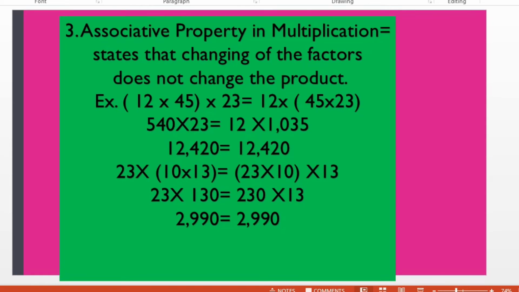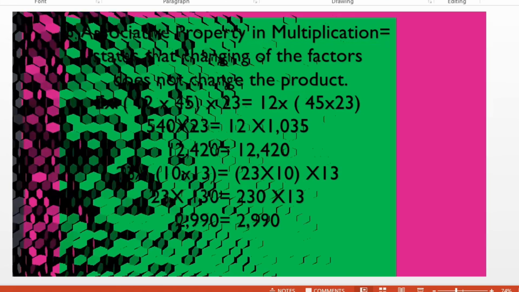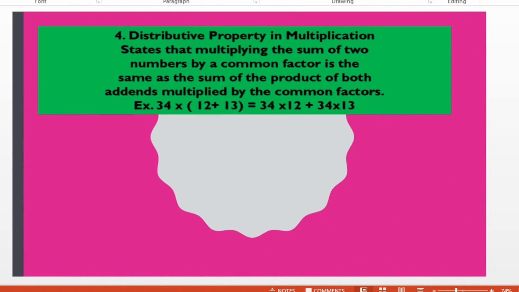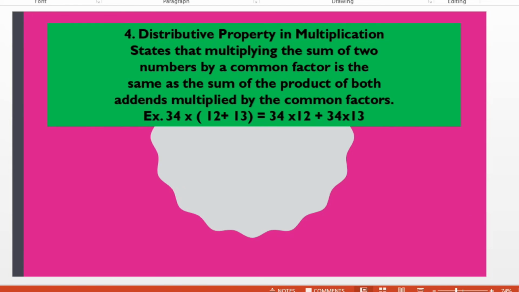Okay, another. Distributive property in multiplication. In the other books, this is called distributive property in multiplication over addition. So, distributive property states that multiplying the sum of the two numbers by a common factor is the same as the sum of the products of both addends multiplied by the common factor.